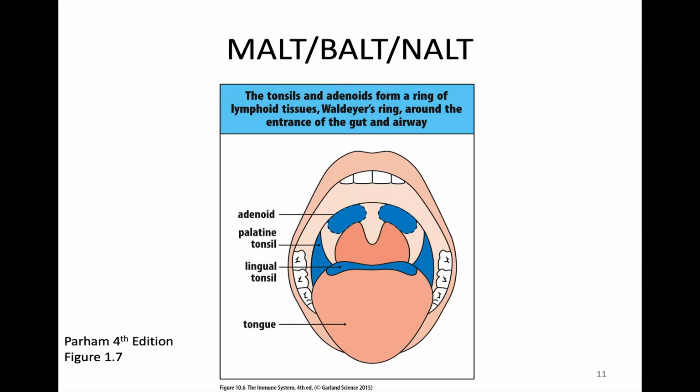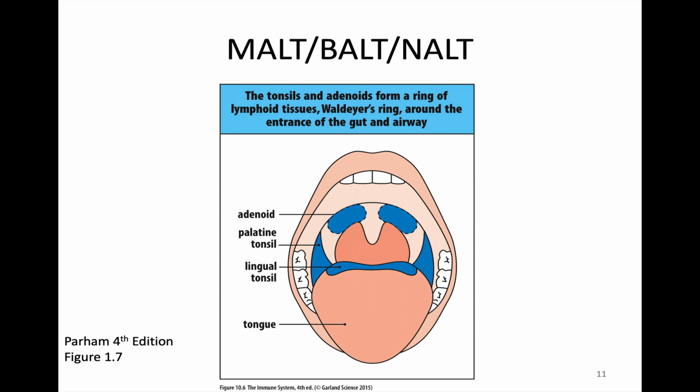There are similar types of lymphoid tissues in other parts of the body besides the gut. Sometimes I think the naming gets a little silly, because in addition to gut-associated lymphoid tissue, we talk about MALT, which is at mucosal sites.